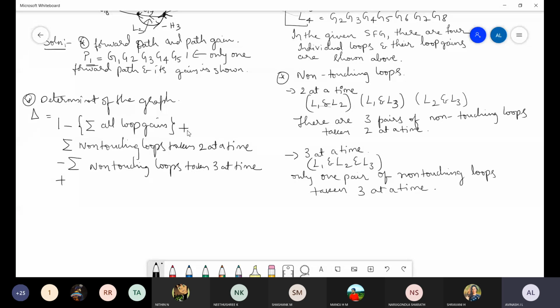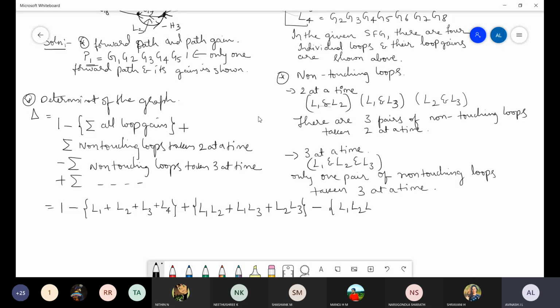So now we'll fill the formula. 1 minus summation of all loop gains. All loop gains means we need to consider L1, L2, L3, L4. So here you can say L1 plus L2 plus L3 plus L4, summation of all loop gains, plus summation of non-touching loops taken 2 at a time: L1 L2 plus L1 L3 plus L2 L3, minus the 3 non-touching loops, which are L1, L2, L3, plus nothing is there, so you can neglect this.